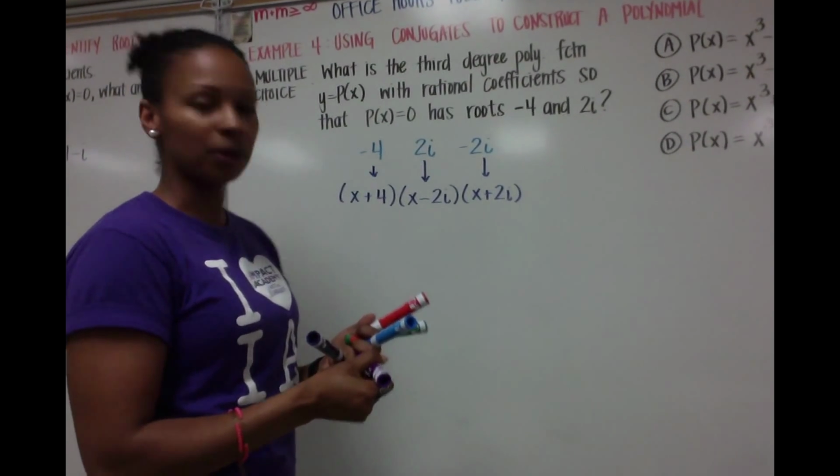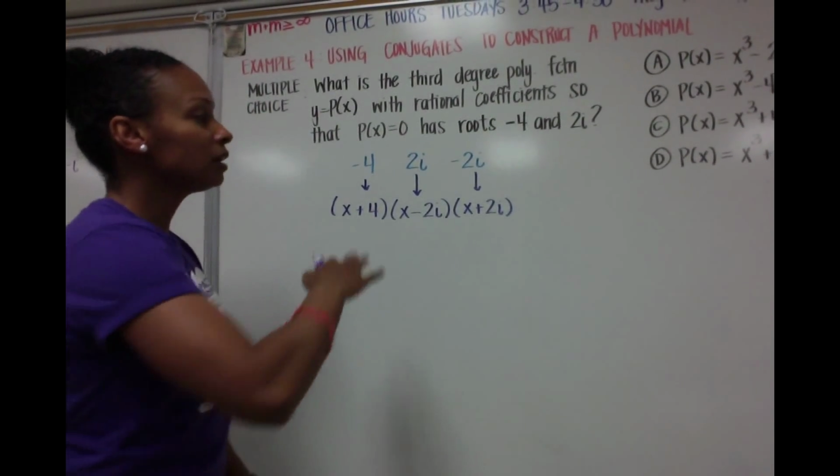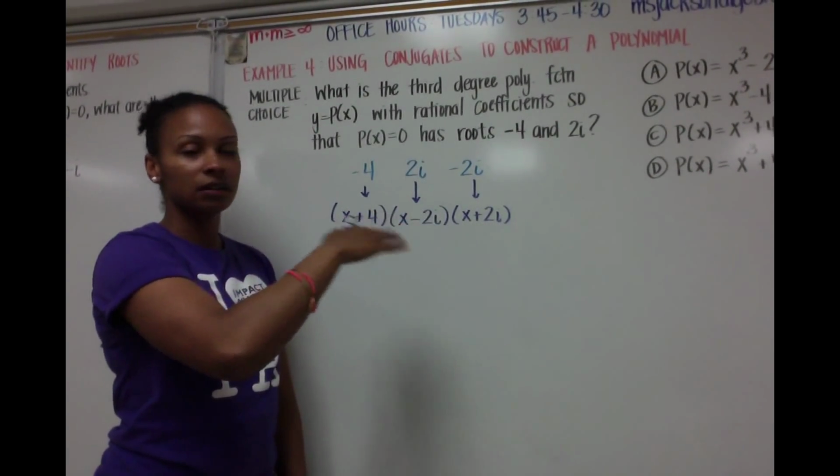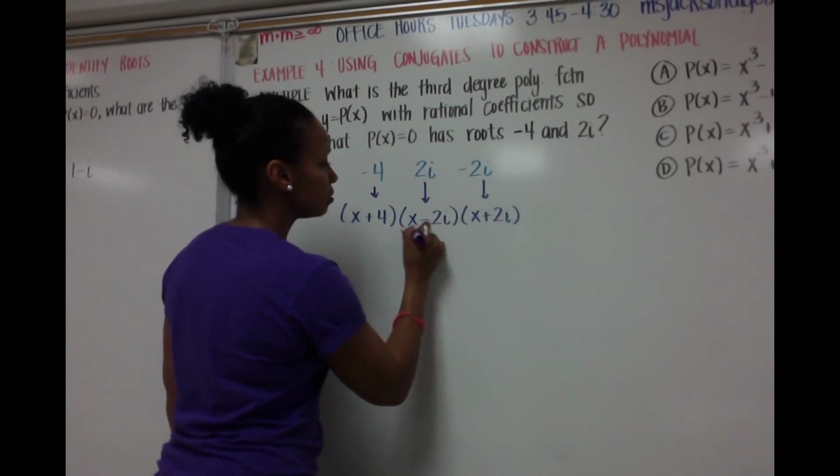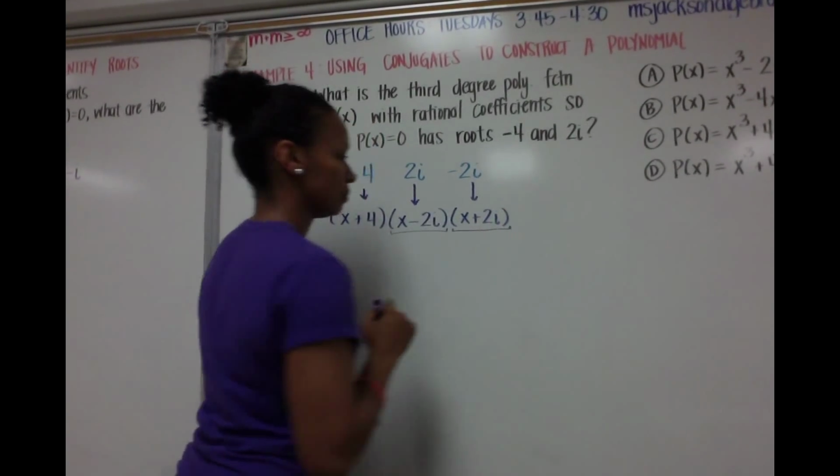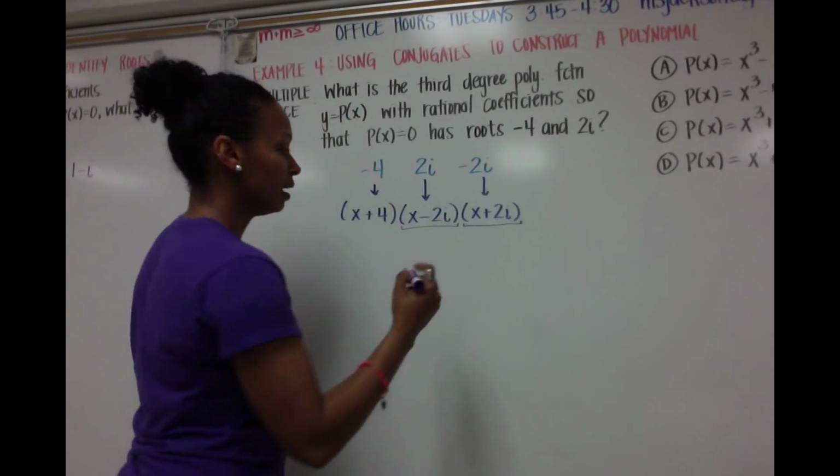Now we're going to start the distributing process. I'm going to do these two first so that I can get rid of my i. I'm going to do the box.